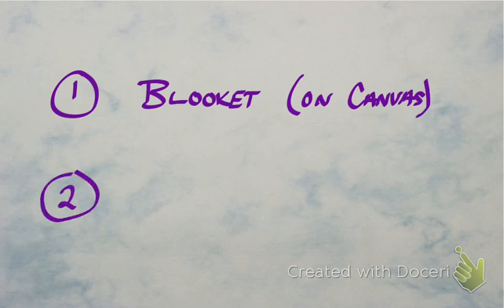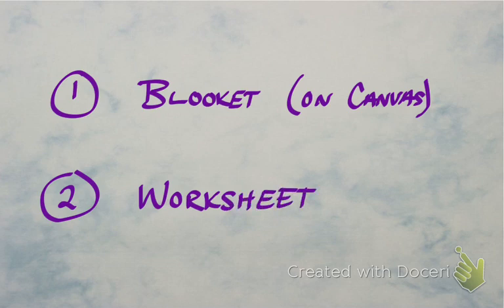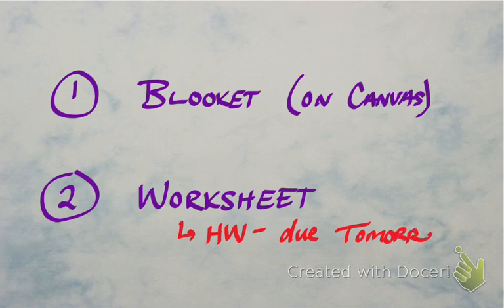And when you finish that, you've got a worksheet that is up at the front of the room with the sub. That worksheet is homework that is due tomorrow. Those are your 2 tasks for the rest of class. If you finish both of these and you have missing work, now would be a great time to work on that. If you don't have any missing work, you can have a little bit of free time if you finish both the booklet and that worksheet.